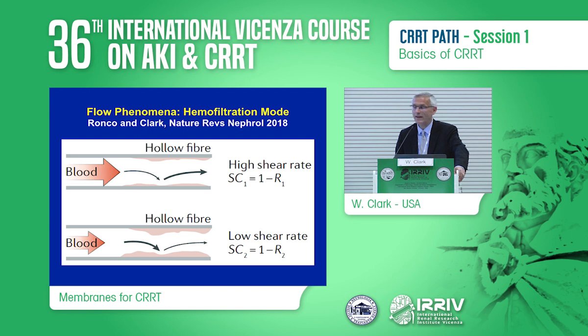So you have one condition established with a relatively high sieving coefficient, or the inverse, a relatively low rejection coefficient. At lower, more, if you will, sluggish blood flow rates, there is greater accumulation of proteins at the membrane surface because of lower shear rates. That generally will translate into lower solute sieving coefficients and conversely higher rejection coefficients.